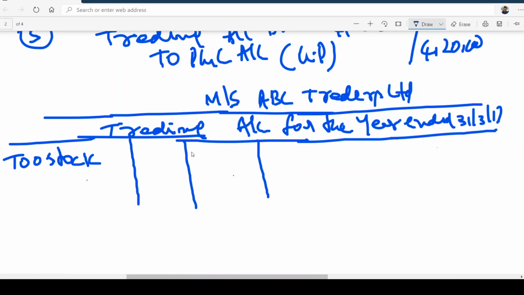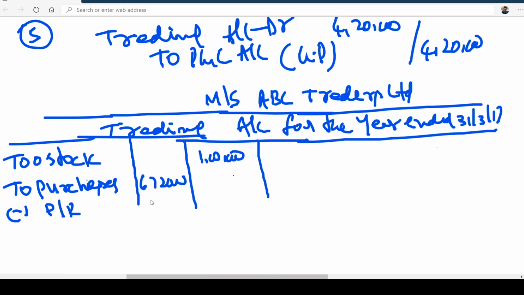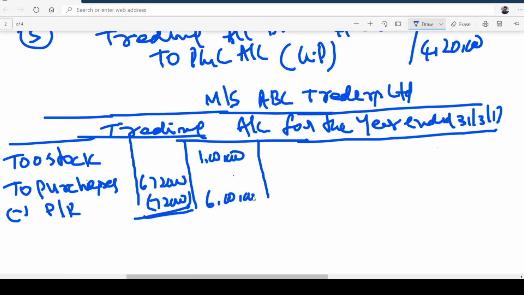You know the format of it, and I'm also writing the inner column. To purchases, in the inner column 6 lakhs 72,000 minus purchase returns is coming to 6 lakhs.